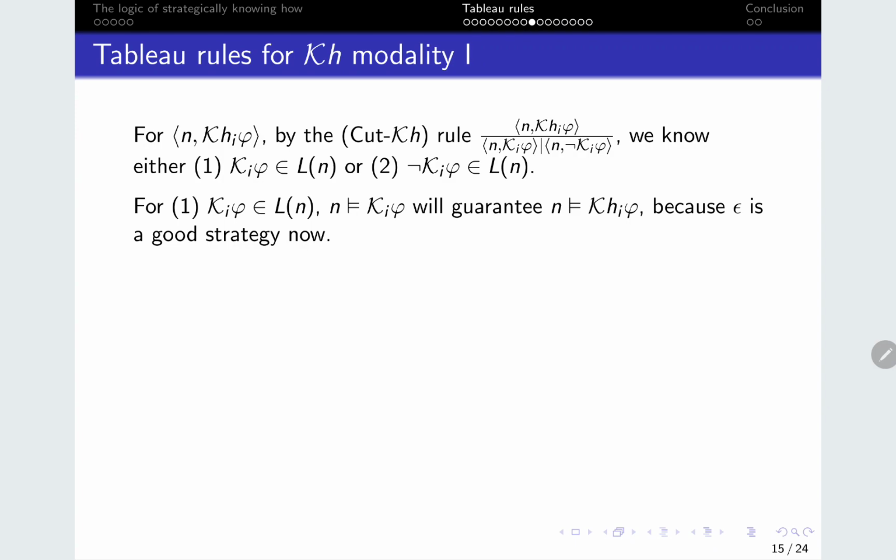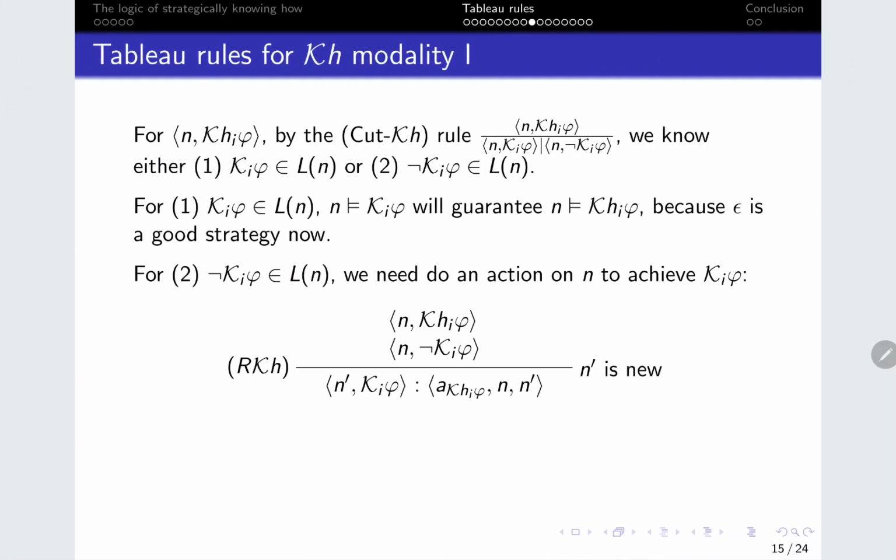In this situation, the empty strategy will be a good strategy, so we will have know-how phi true on n. We need not build a new strategy to guarantee phi, because know-that phi is already true on the state n.